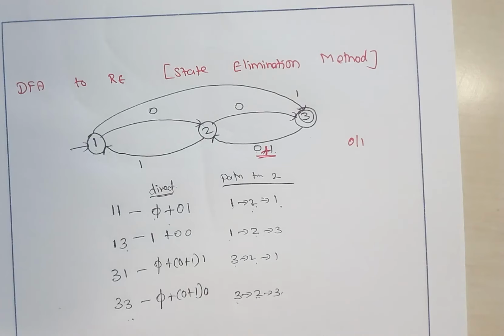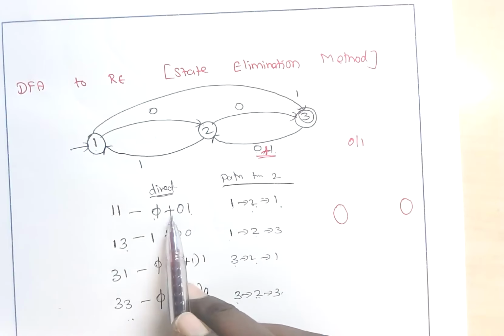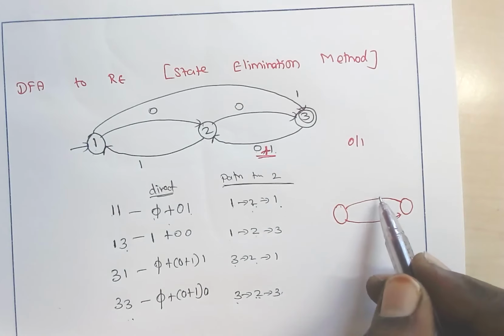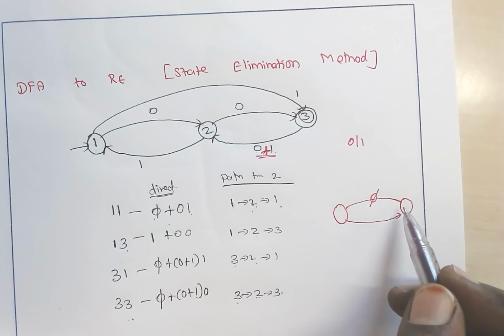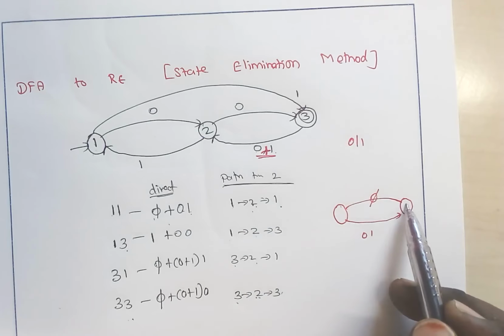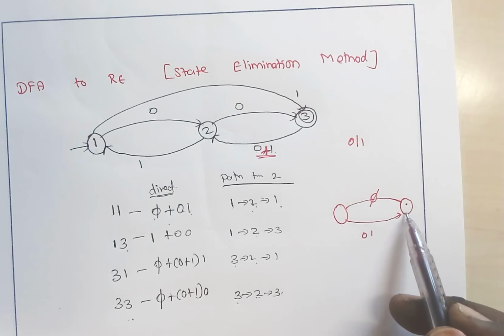And again see here, a null path combined with 0 1. This can be considered as a parallel edge. Whenever it is a plus symbol, it is considered as a parallel edge, and null actually describes there is no path. So we have only the path with the input 0 1, and this null will be removed. Null means no path. When there is no path, we just consider this path alone.